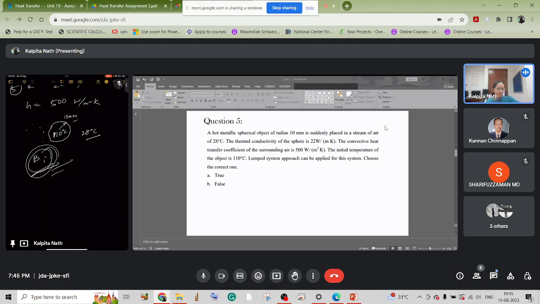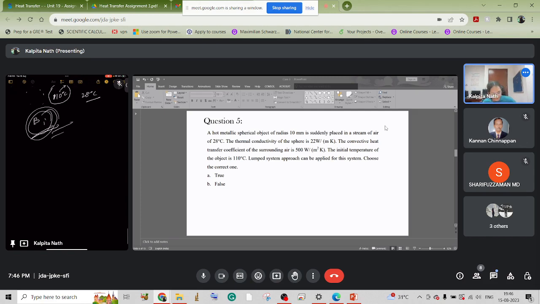One has said true, one has said false. Let us wait for 10 more seconds to check whether anyone is replying or not. It will be true actually.